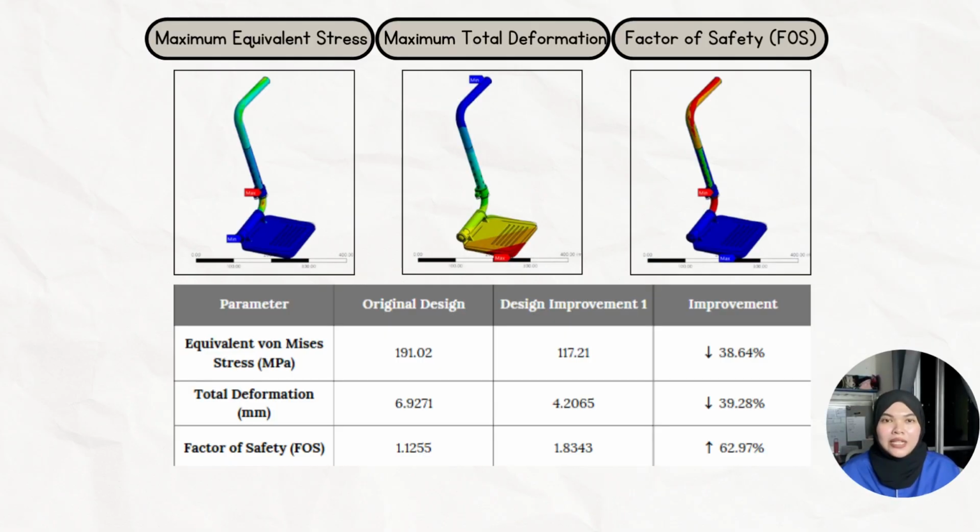This slide compares the original design with design improvement 1 based on the FEA simulation result. As shown in the contour plot and the comparison table, the original design recorded a maximum stress of 191.02 MPa.